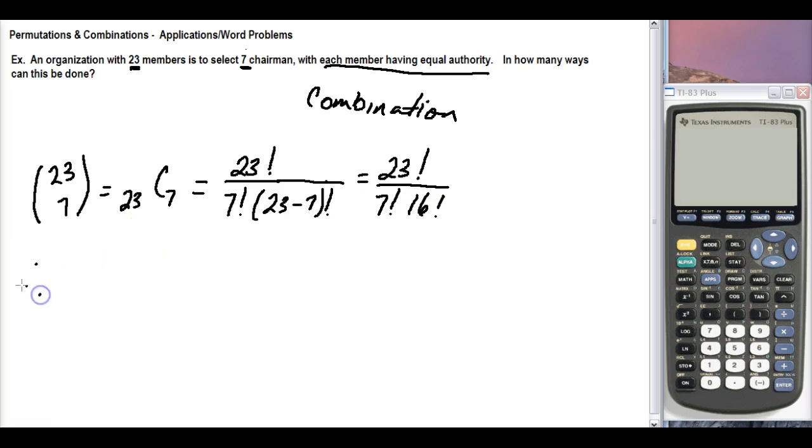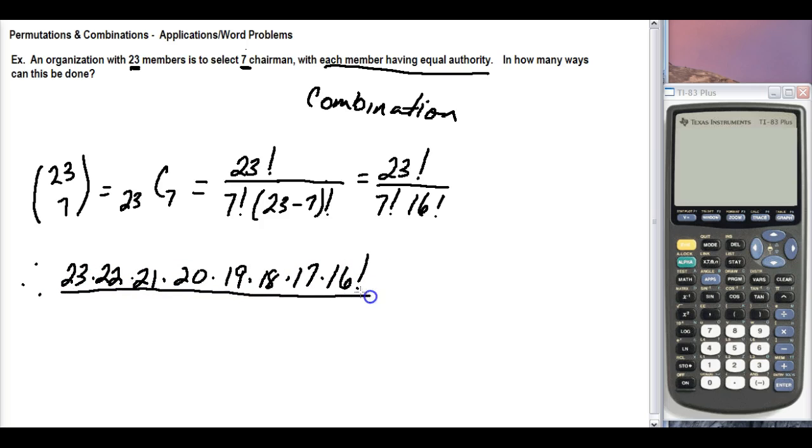So we'll keep on going here, and we'll say that 23 factorial is 23 times 22 times 21 times 20 times 19 times 18 times 17 times 16 factorial. And we have all that.